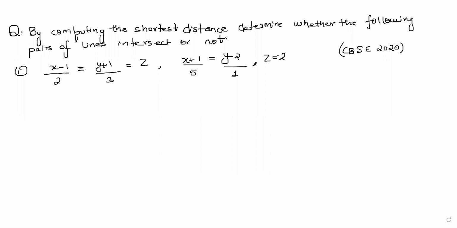Sir, I'm getting x plus 1 by 5 equals to y minus 2 by 1 equals to z minus 2 by 0. Very good, Saf. That is correct. Now you have to check whether the lines intersect or not by using the shortest distance method. Okay. So I hope you can do this on your own. Please complete this and share your answer. It came in CBSE 2020.